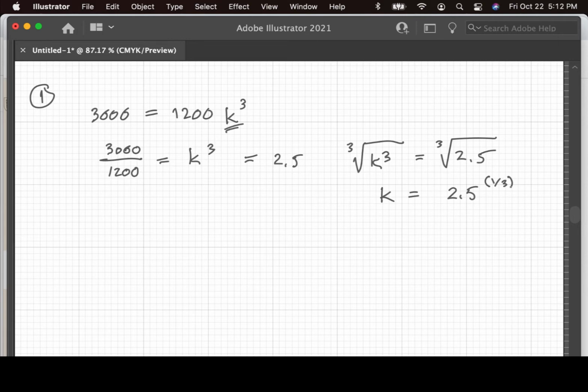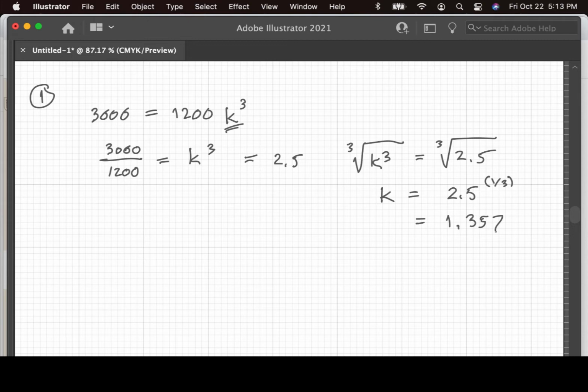If you're using a calculator to do this, be sure that you include the parentheses, because in PEMDAS you'll do the power first and then do the division. So if you do this calculation on my calculator, I get 1.357, etc.